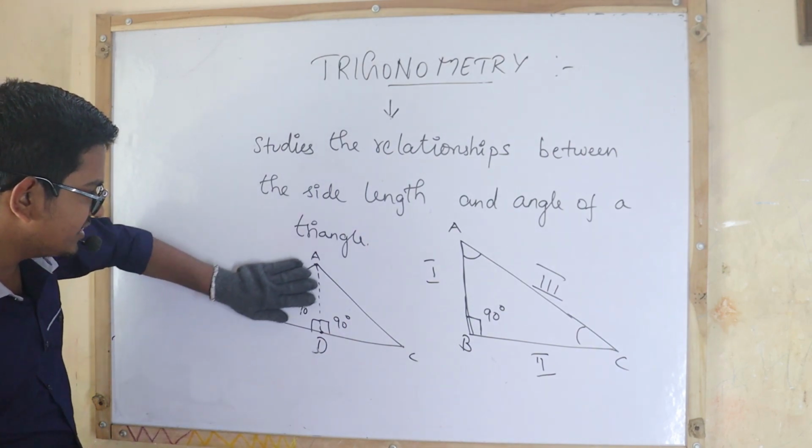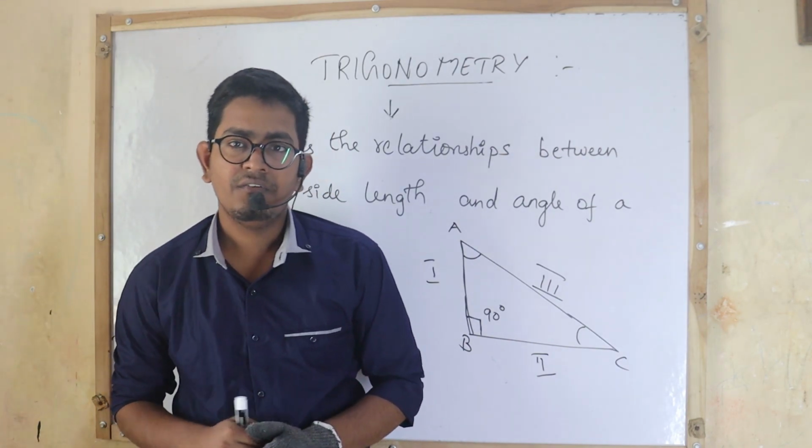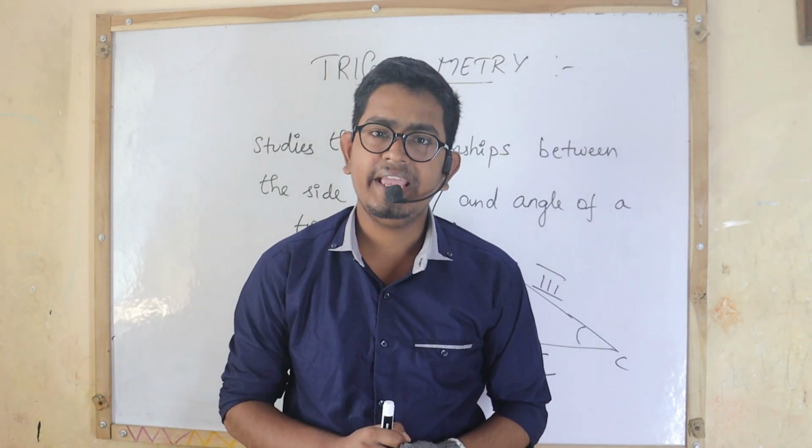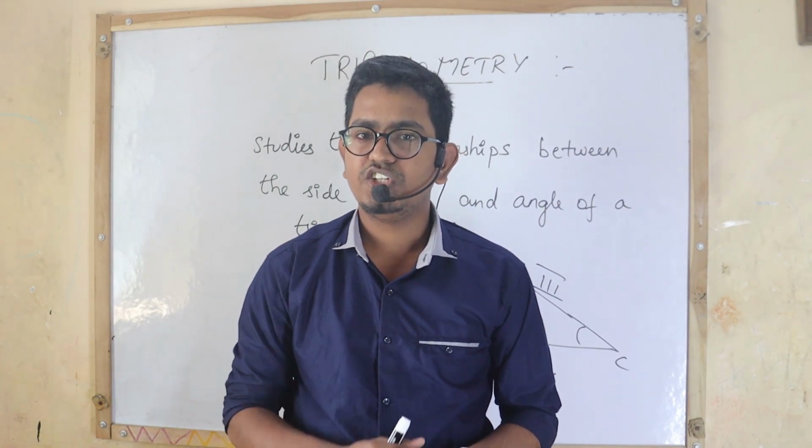If a right angle triangle is not given, then in that triangle we ourselves make a right angle by drawing a line, and then we apply the trigonometry.